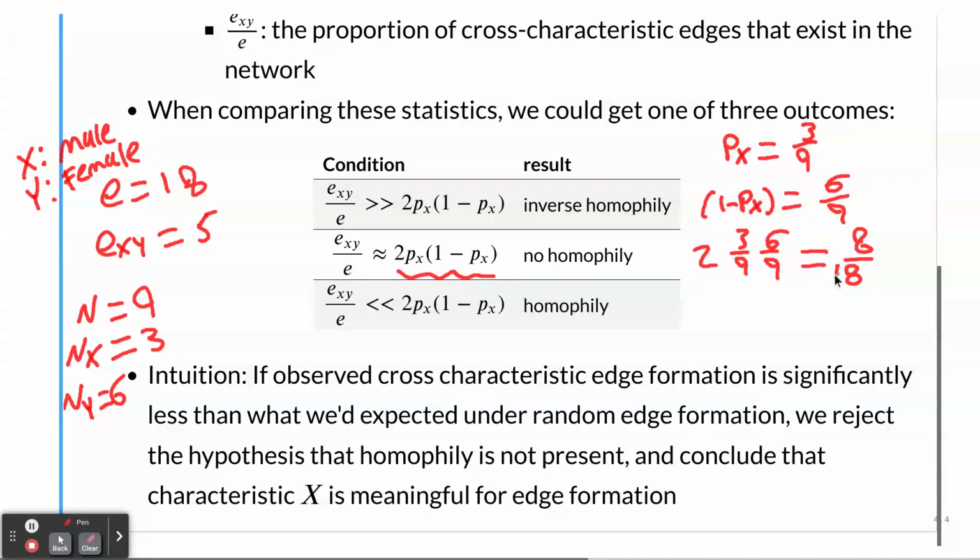Then let's consider what we get when we consider the observed edges. Here we would have 5 over 18. And so in our case, 5 over 18 is less than 8 over 18. And so in this particular example, we end up in this bottom row.